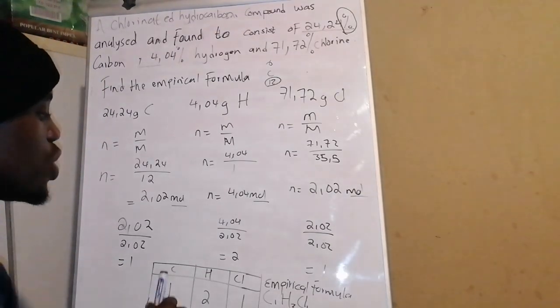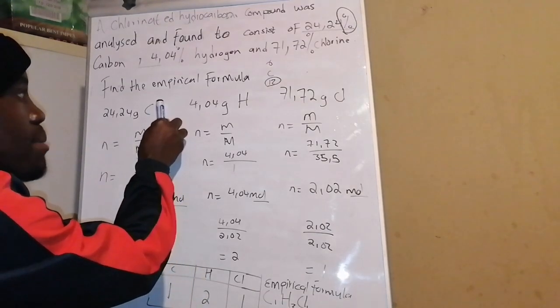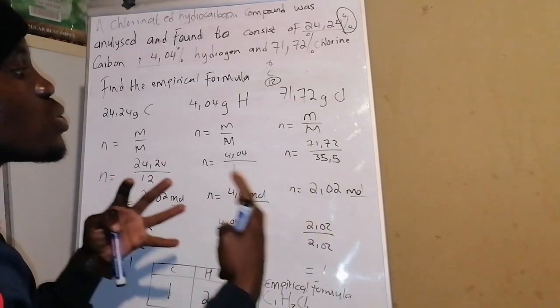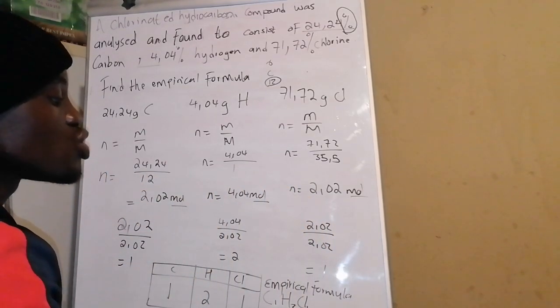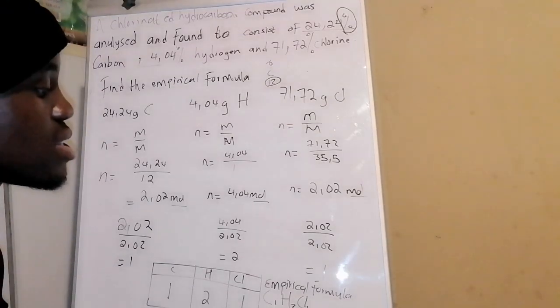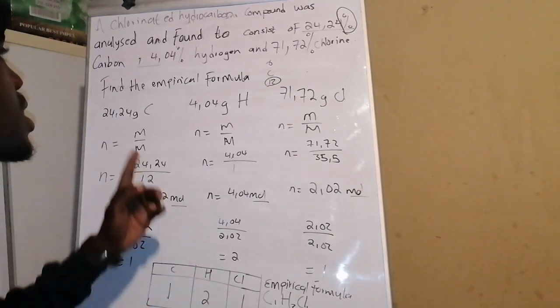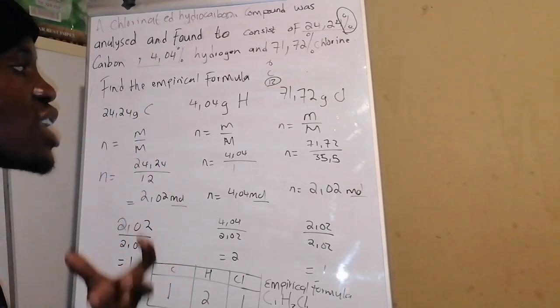Now here we used compounds. We calculated the number of moles for each element. Then by combining those elements, we got the empirical formula, which is CH2Cl. This is a compound. That is why I say that the empirical formula is the simplest relationship in which atoms combine.